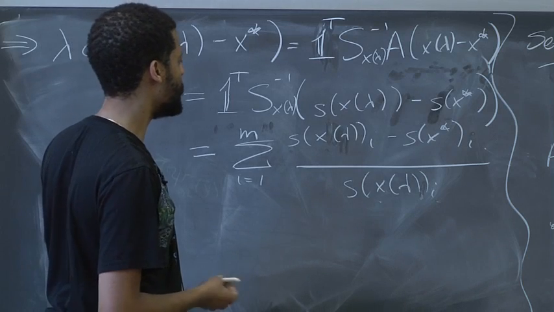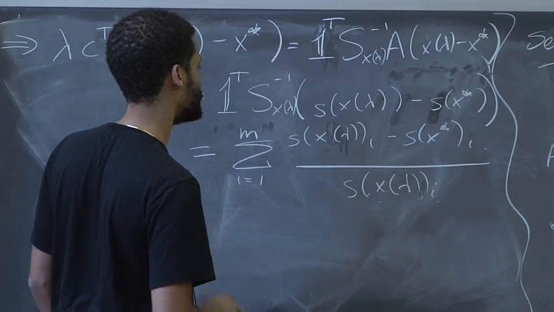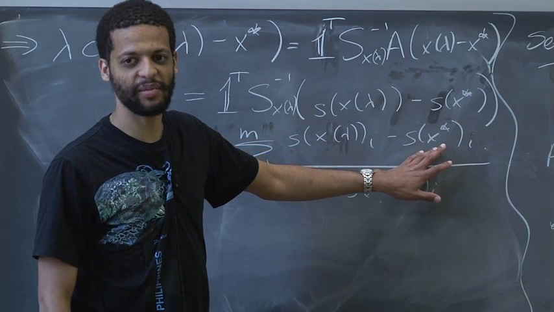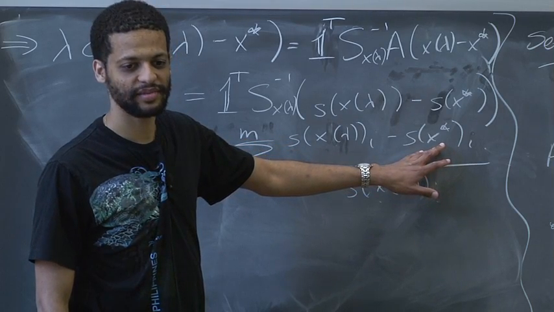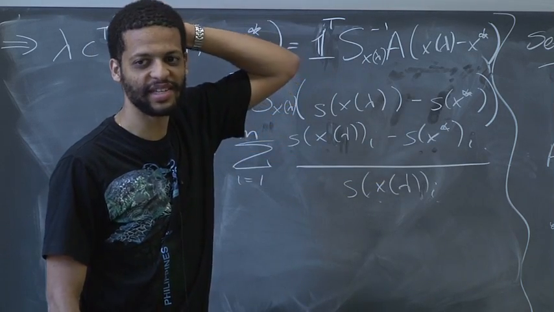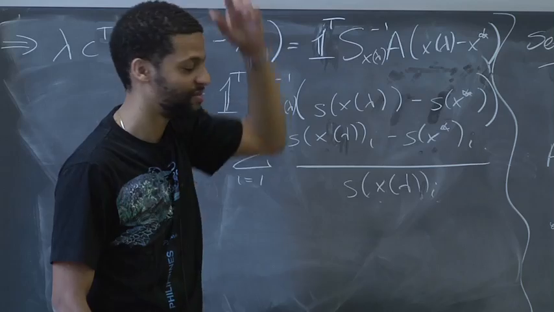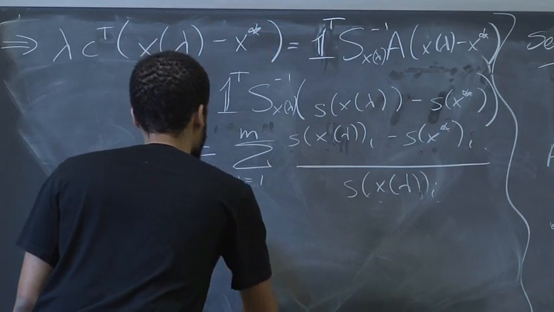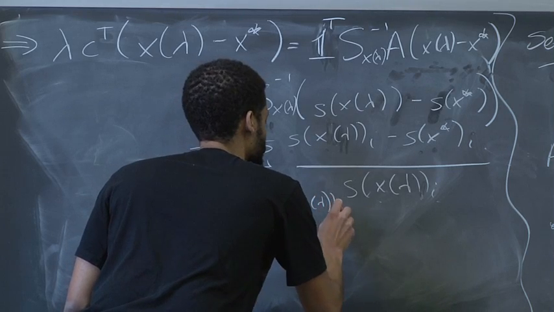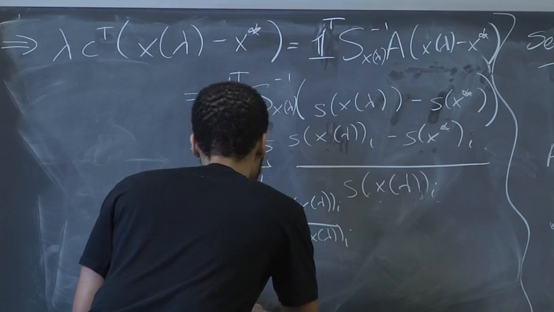Now we'll use the only inequality here. What's the only thing you can tell me about any slack vector? It's not negative. So this is certainly at most the sum over i of s of x lambda i over s of x lambda i, which is just m.